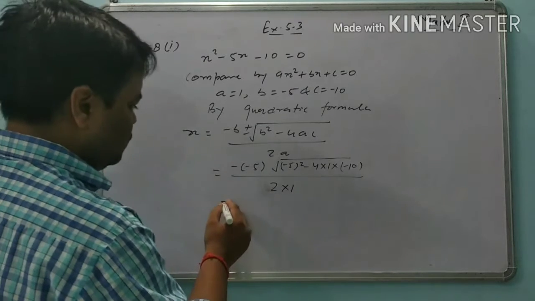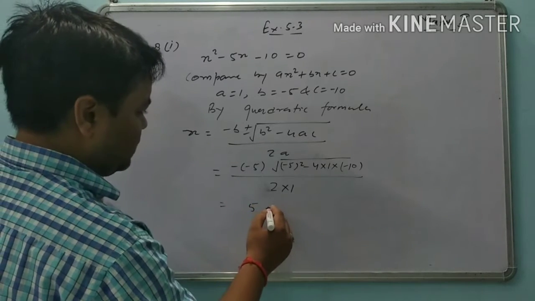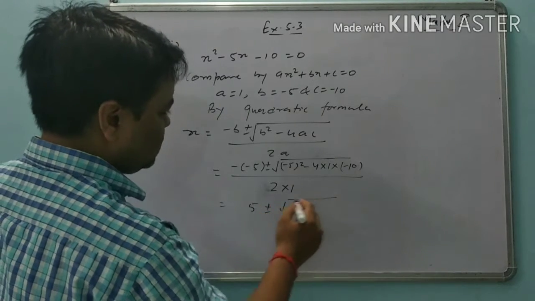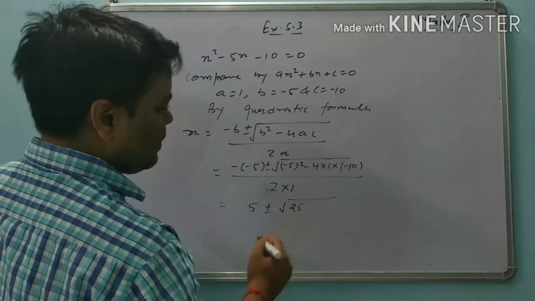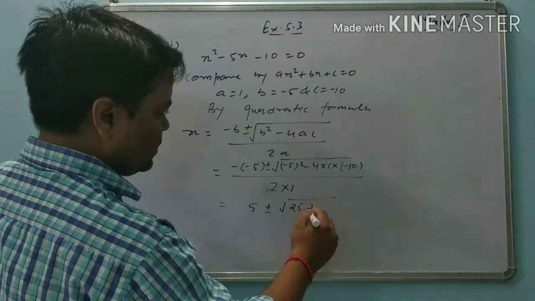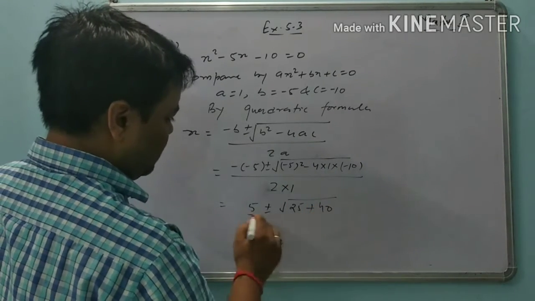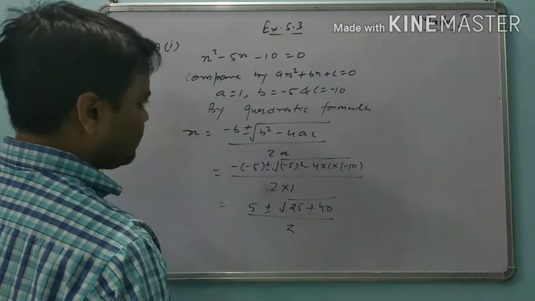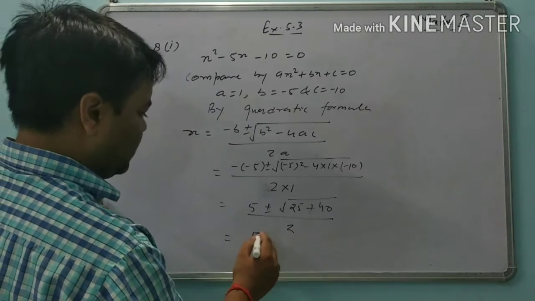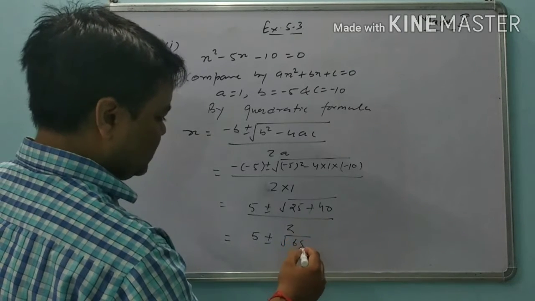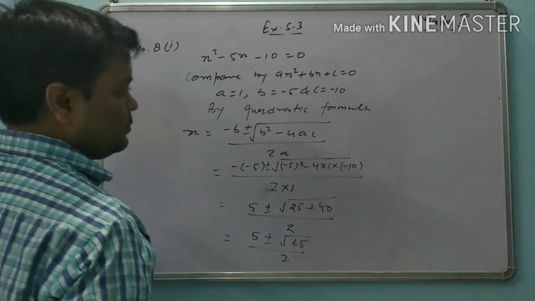This value is equal to 5 plus minus under root 25, again minus and minus will be plus, 10 fours are 40, by 2, and its value will be 5 plus minus under root 65 by 2.